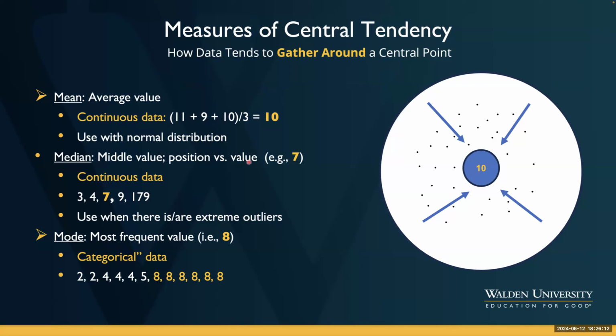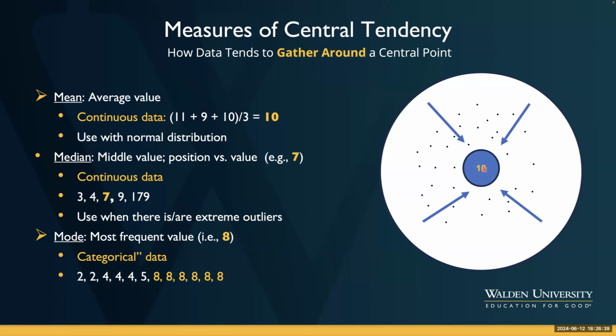So when you have that extreme outlier, the median is the best value. Sometimes you'll see reported the median income in an area. It means that that data has some extreme outliers. There are some pieces of data where that income is extremely higher than most of the other incomes that are hovering around here, or extremely lower.